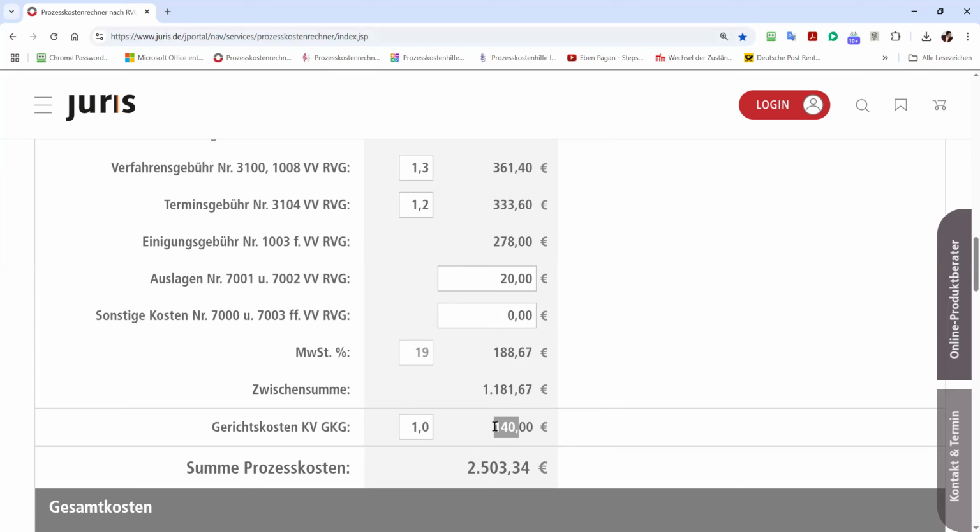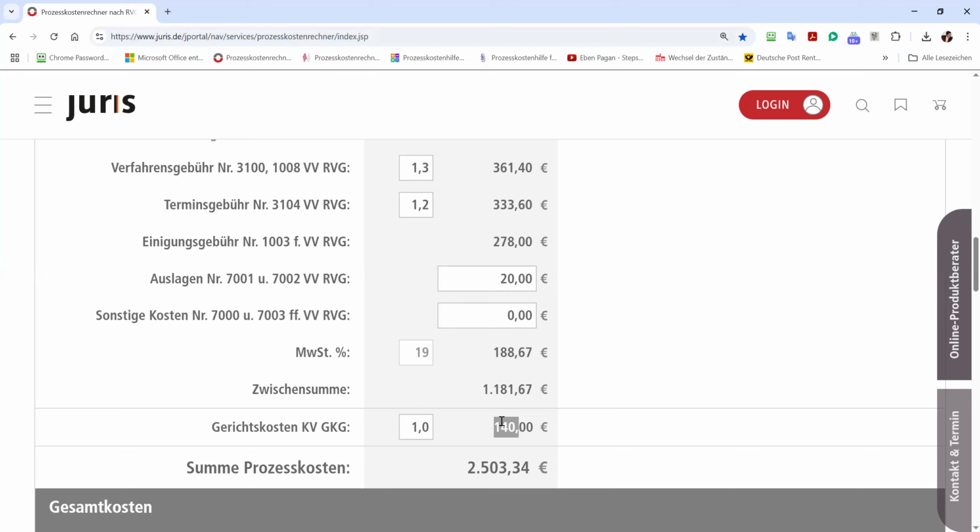And those 140 euros are two-thirds less than what was initially paid by the plaintiff to the court. Therefore, settling can actually reduce costs overall because it avoids further hearings and costly evidence assessments and the risk of losing the case and having to pay all the costs. Plus, settlements give both sides more control over the outcome.